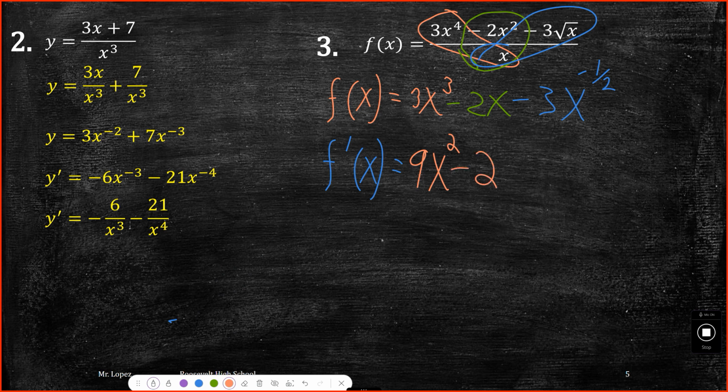And then multiply. We're multiplying, so a negative times a negative is a positive 3/2. And then we're subtracting 2 over 2, which is going to be negative 3 over 2. So it's going to go to the bottom. This is x to the negative 3 over 2, which is going to be x to the 3/2 at the bottom.